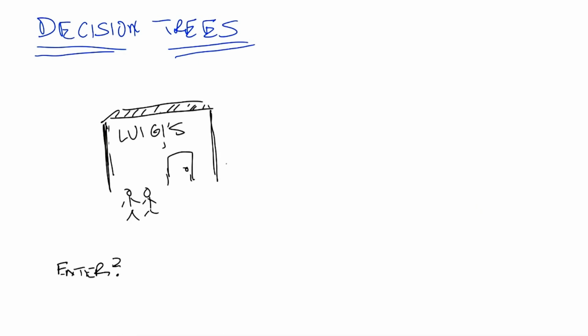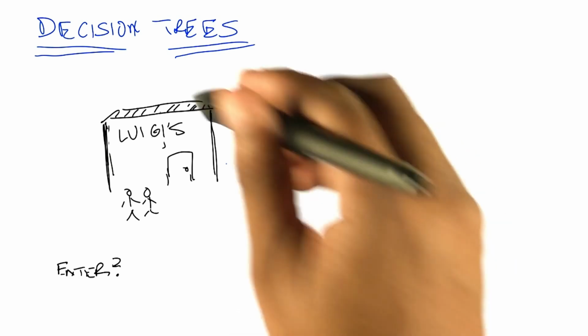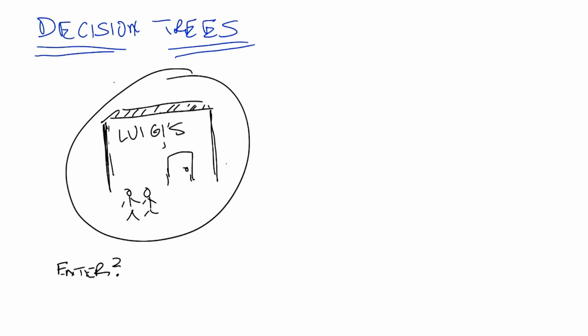So here's the very simple example I want you to think about for a while. You're on a date with someone, and you come to a restaurant, and you're going to try to decide whether to enter the restaurant or not. So your input, your instances, are going to be features about the restaurant. And we'll talk a little bit about what those features might be. And the output is whether you should enter or not.